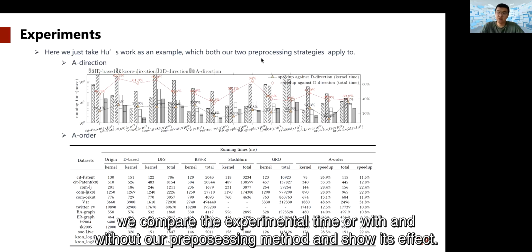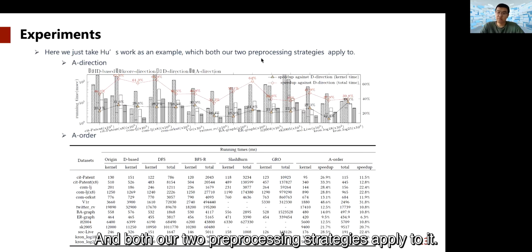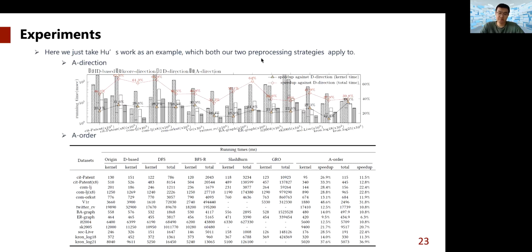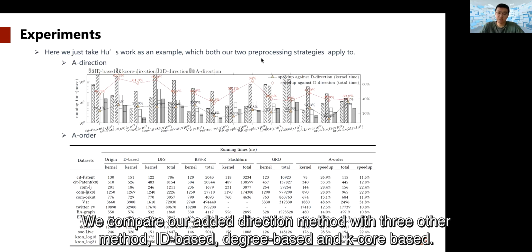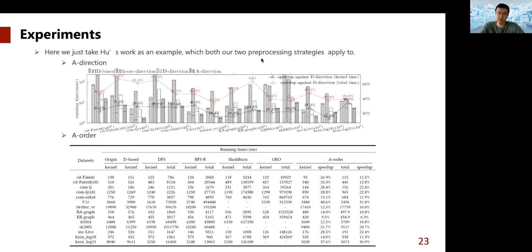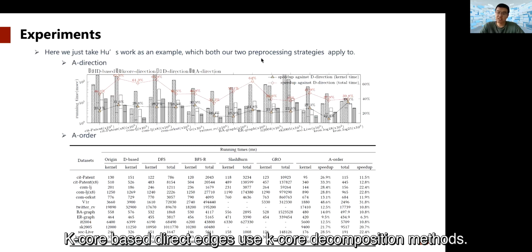We compare the experimental time with and without our preprocessing method and show its effect, and both our preprocessing strategies apply to it. We compare our A-direction method with three other methods: ID-based, degree-based, and Keycore-based. Keycore-based directs edges using Keycore decomposition.